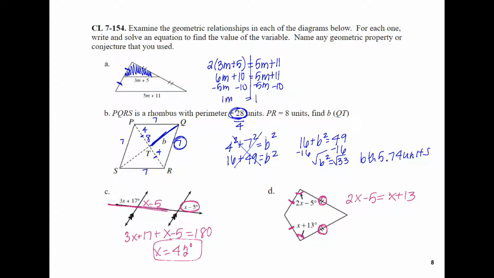When we use our inverse operations, we get x is approximately 18 degrees. We then could plug that back in to find the actual degree of our quadrilateral if we needed to.